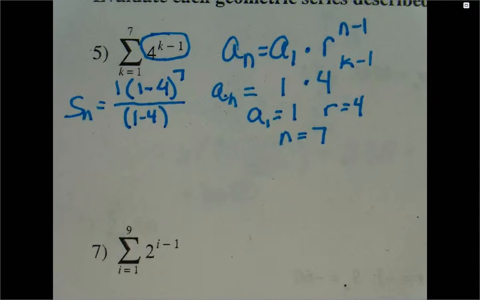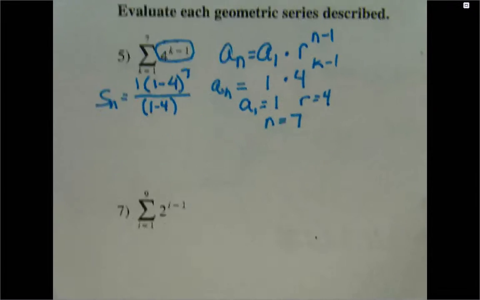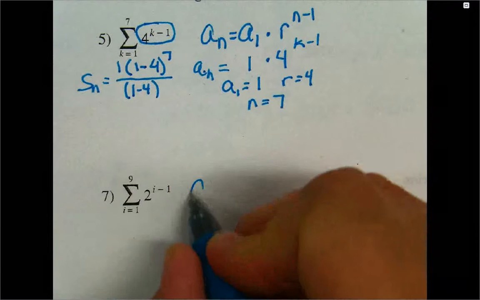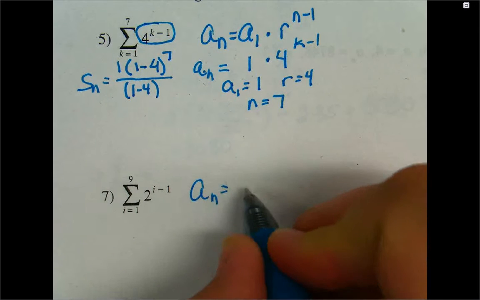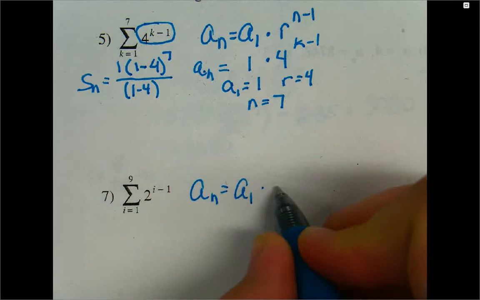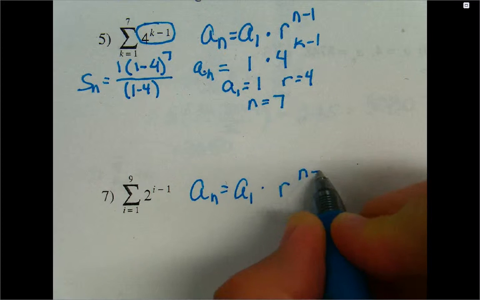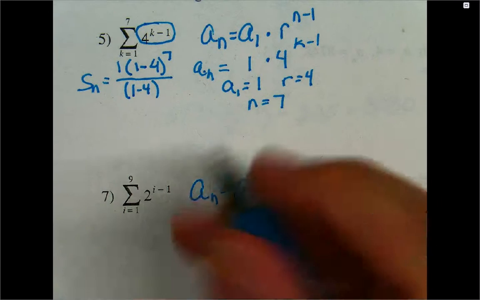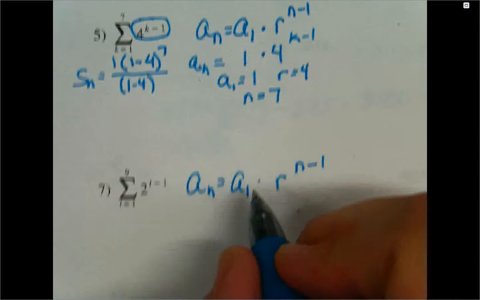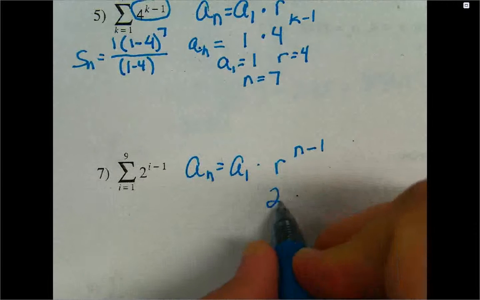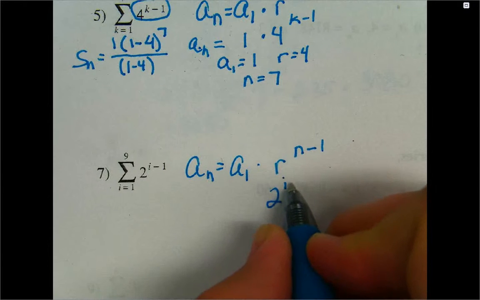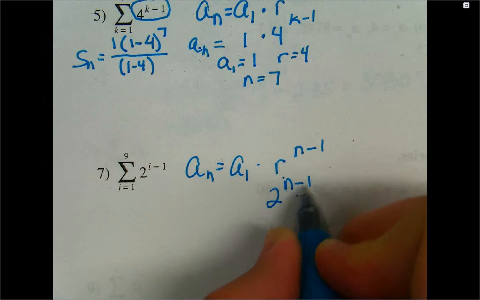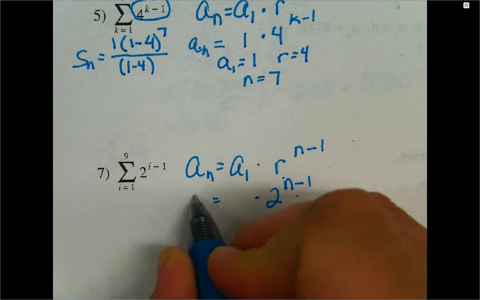Same thing here. If I use a sub n is equal to a sub 1 times r to the n minus 1, well, do I have the something minus 1 here? Yeah, I have 2 to the i minus 1. So that's 2 to the n minus 1. Is there a number being multiplied in front of it?